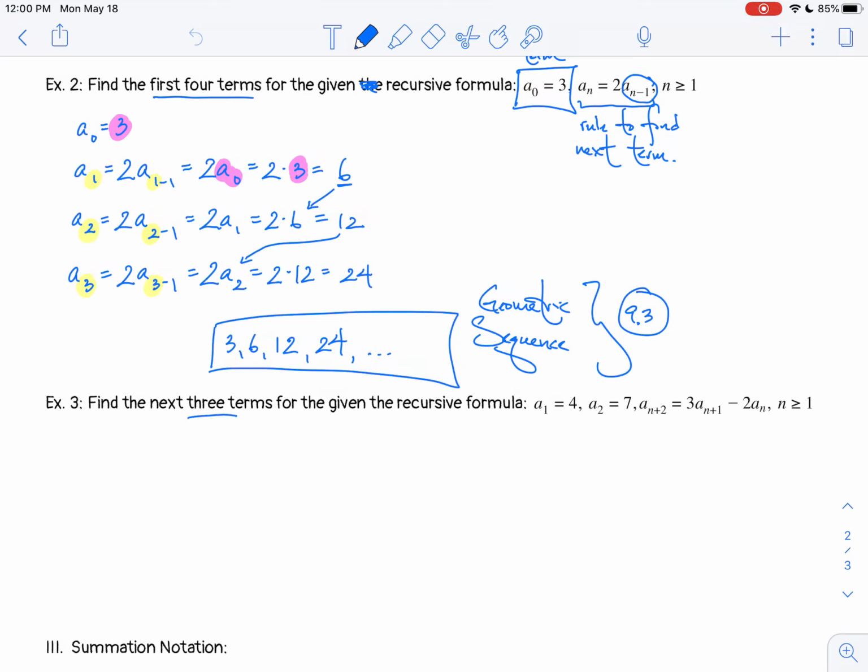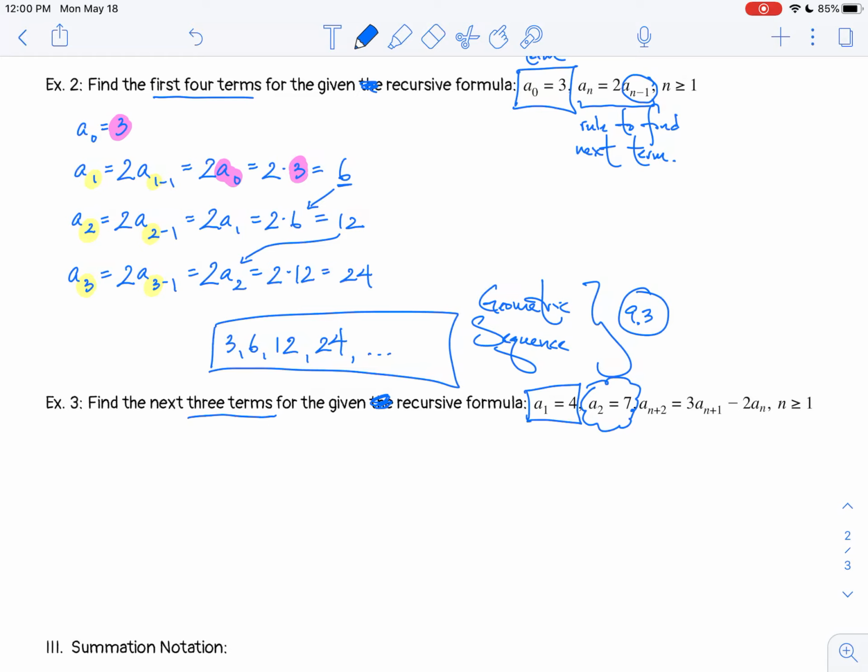Example 3 says find the next 3 terms for the given recursive formula. I wanted to do this example because it looks a little bit different than the other one, but it's actually very similar. We've got a starting term, a sub 1, but they also give us a second starting term, a sub 2.